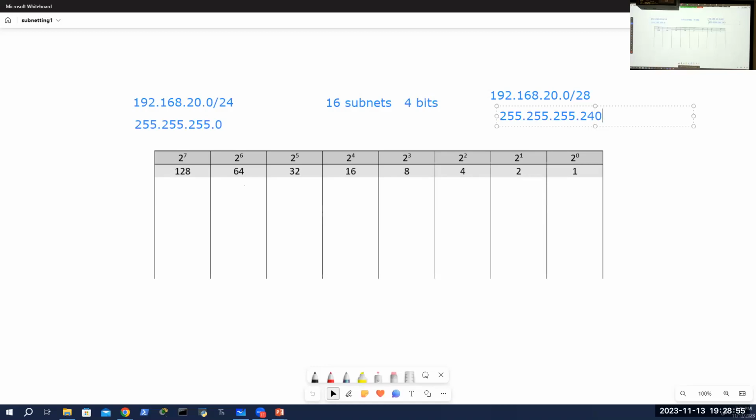We put our 4 bits down into our table. This is what the 4th octet looks like in binary.